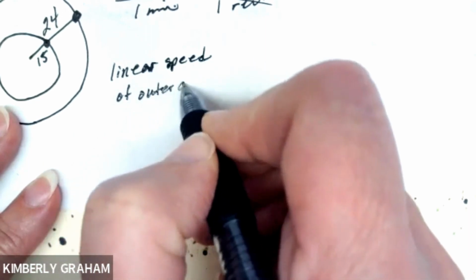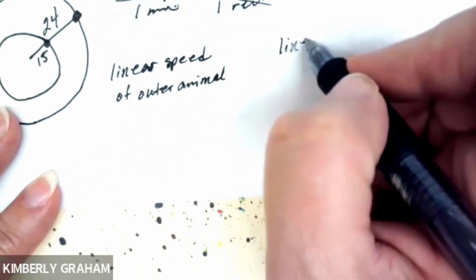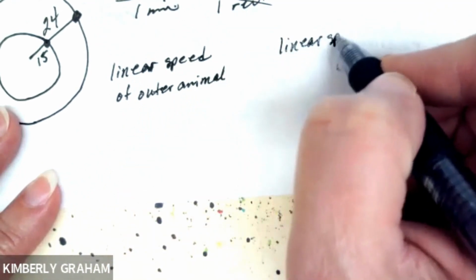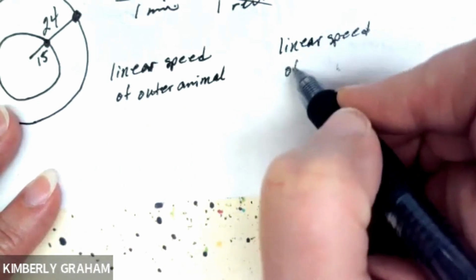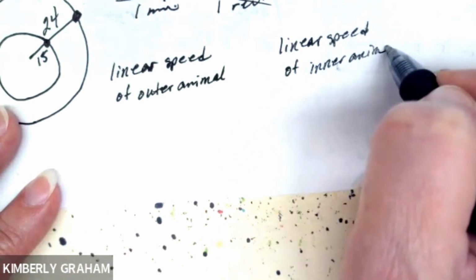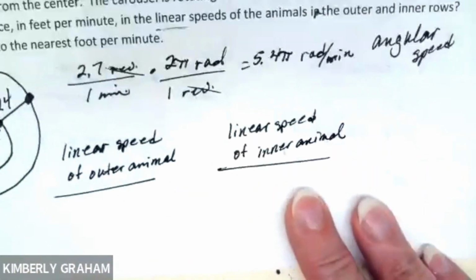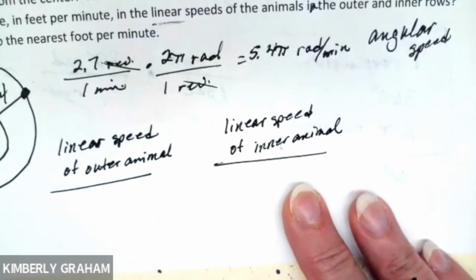So I have to find the linear speed of the outer animal. And I also have to find the linear speed of the inner animal. And then once I find those two, then I can subtract them.